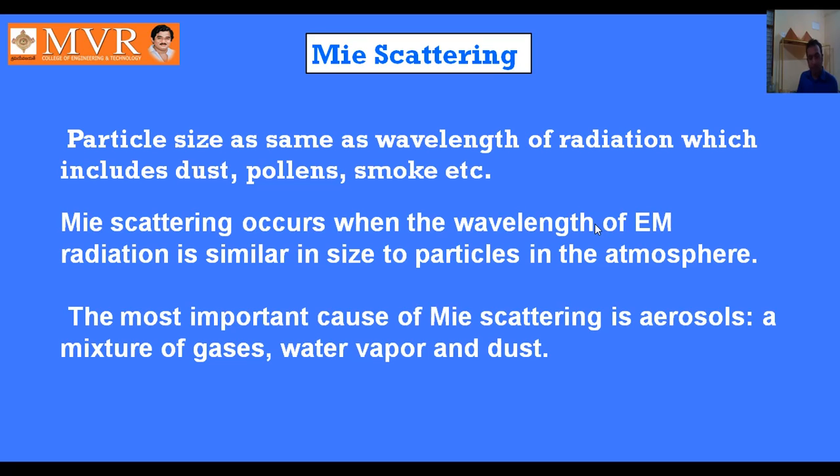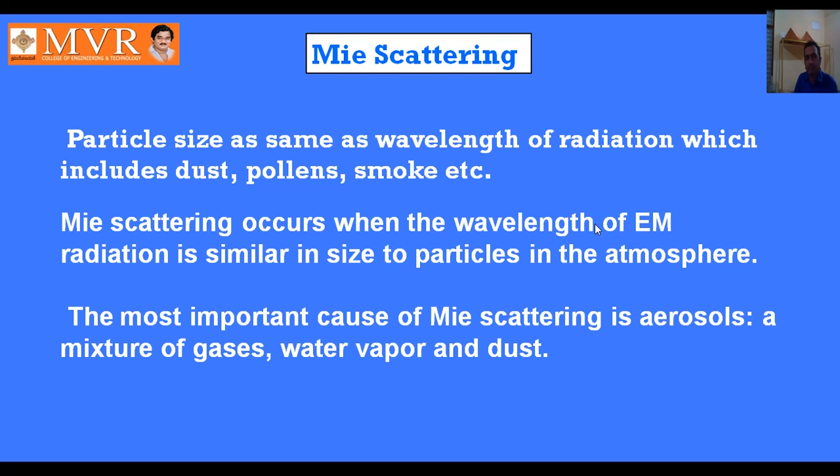Then what is Mie scattering? The particle size is the same as the wavelength of radiation, and it includes dust, pollen and smoke. Their particle size is small compared to the incident radiation, but here the incident wavelength and the particle size are the same. If both are the same, then Mie scattering occurs.